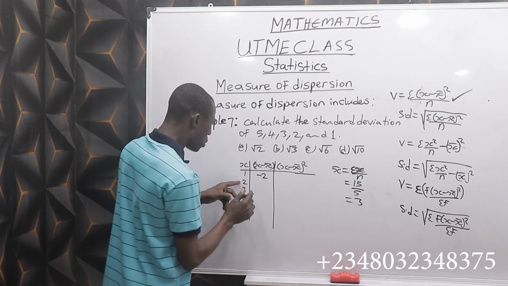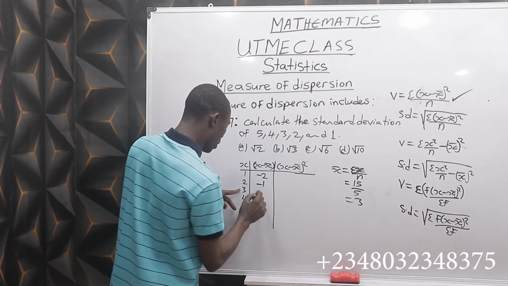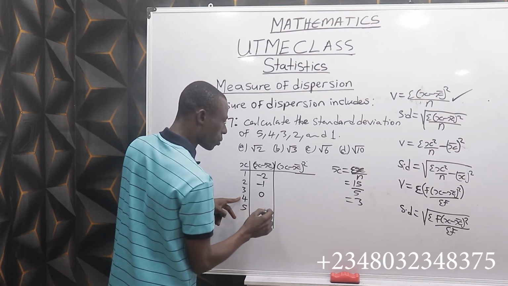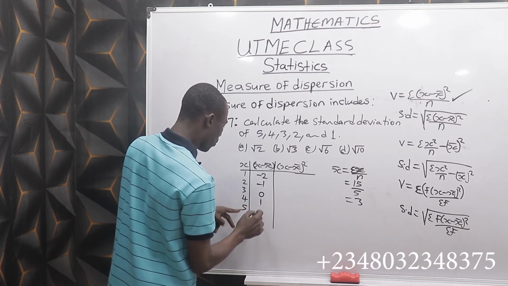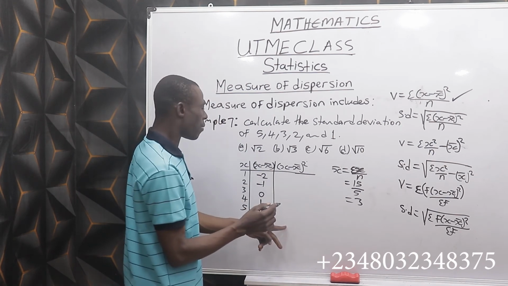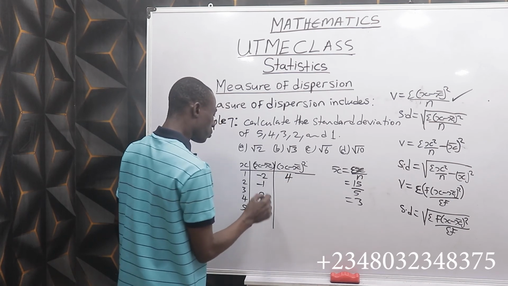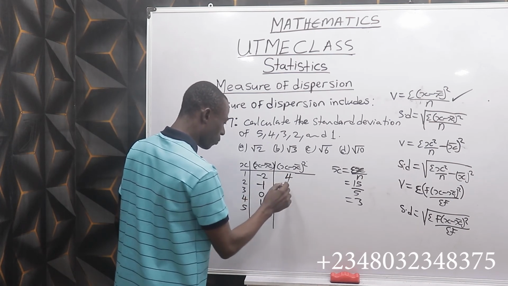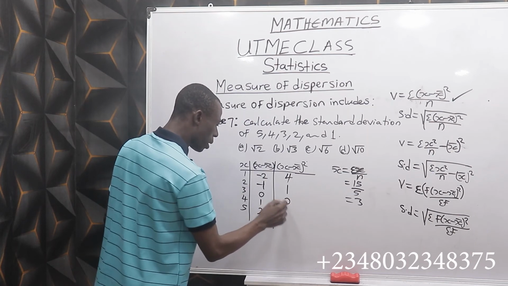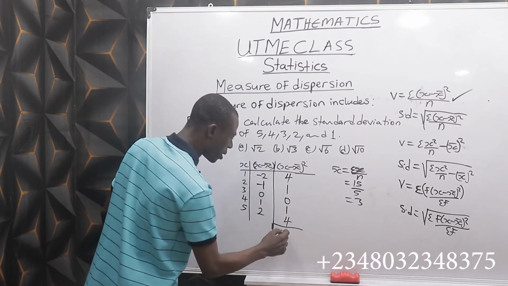So 2 minus 3 is minus 1. 3 minus 3 is 0. 4 minus 3 is 1. 5 minus 3 is 2. So squaring it now under variance column. When you square negative 2, it gives you positive 4. Squaring negative 1, you have positive 1, 0, 1, 4. Addition now is 10.